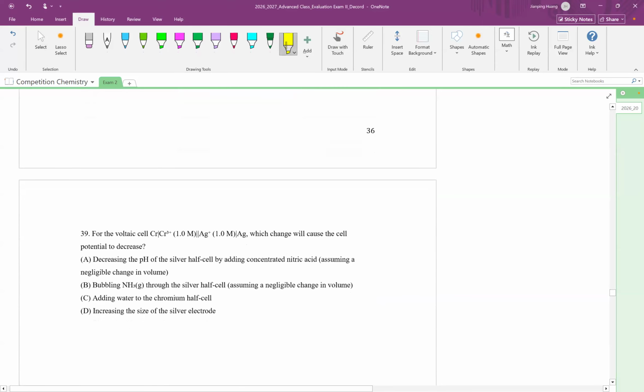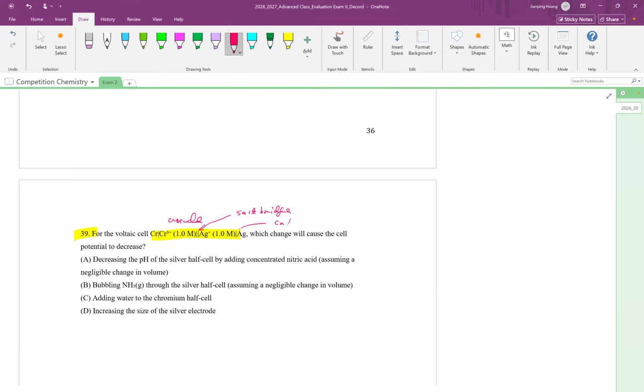This one is also electrochemistry. It's very straightforward. And when you look at, that's the cell notation. Anode, salt bridge, and what's this?